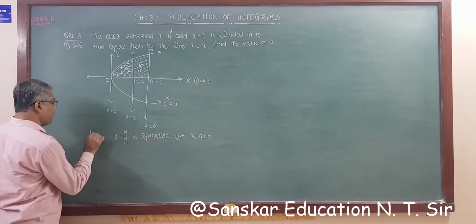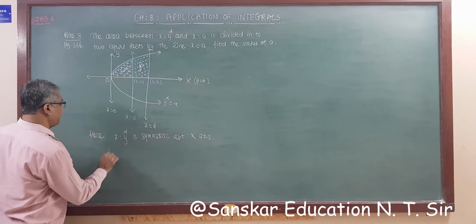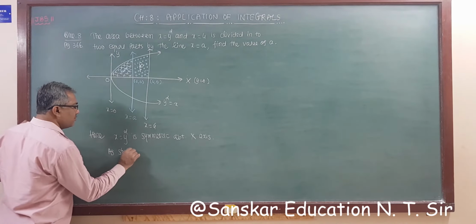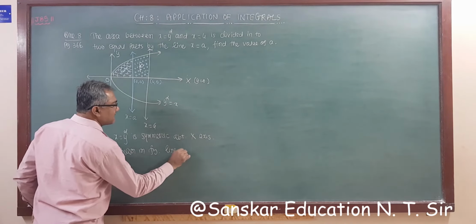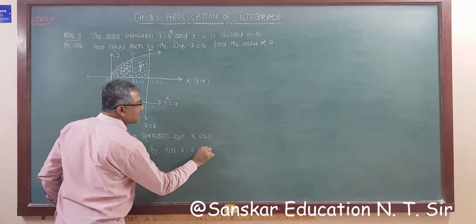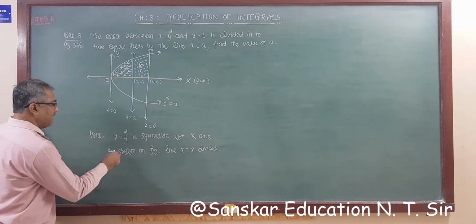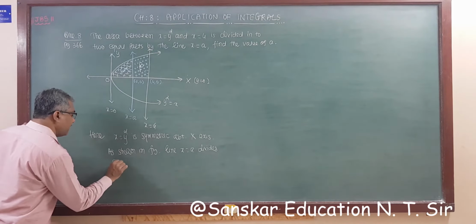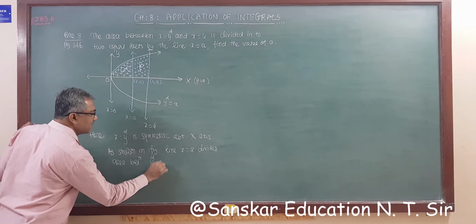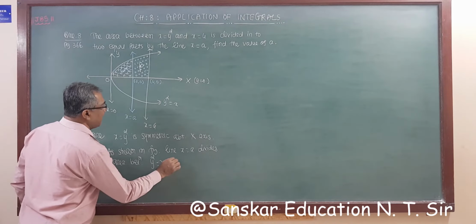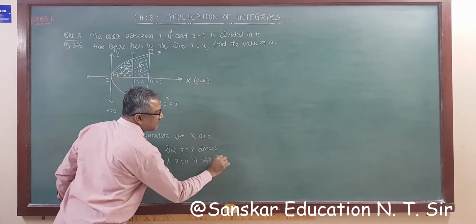Here we are writing x is equal to y square is symmetric about x-axis, as shown in the figure. The line x is equal to a divides the area between y square is equal to x and x is equal to 4 into two equal parts.